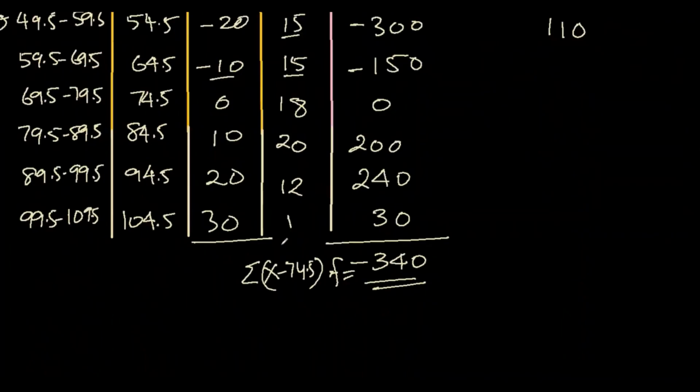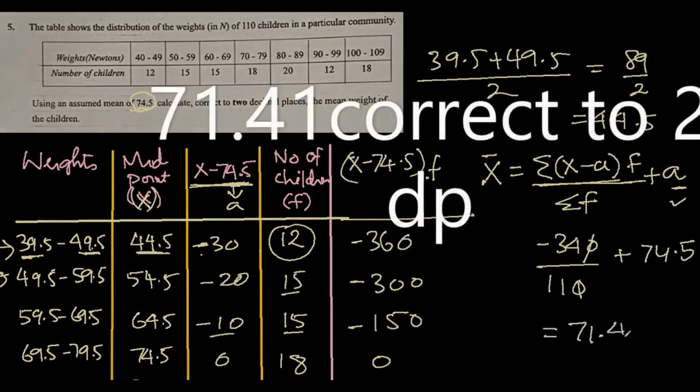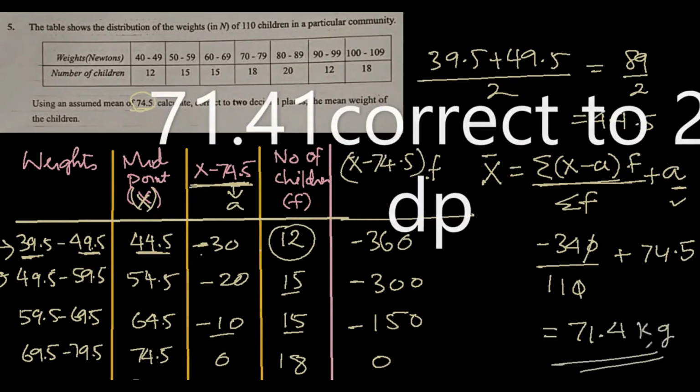So if I add all of them, sigma f will be 110. I'm not adding because they have already given it. So plus 74.5. Let's see what answer it gives us. And I got 71.4 kg as the mean.